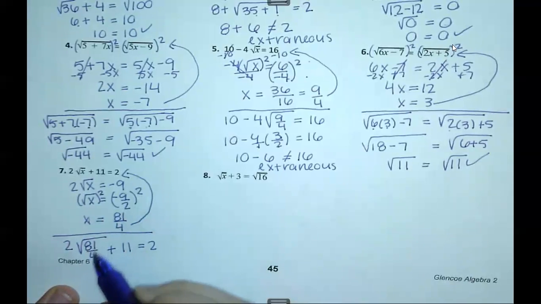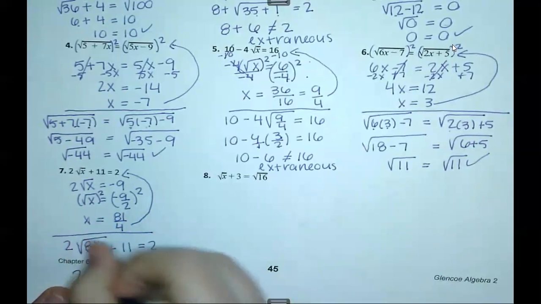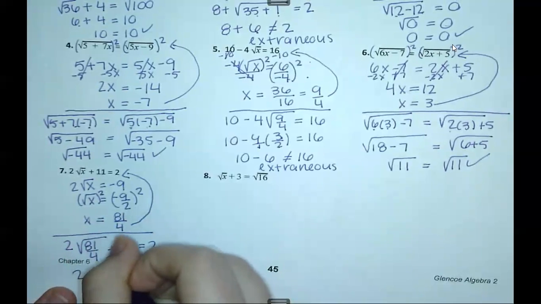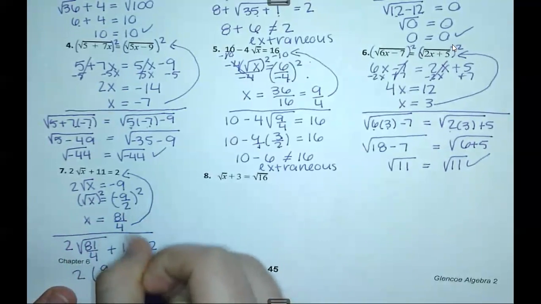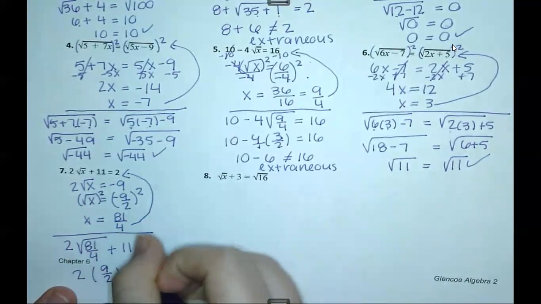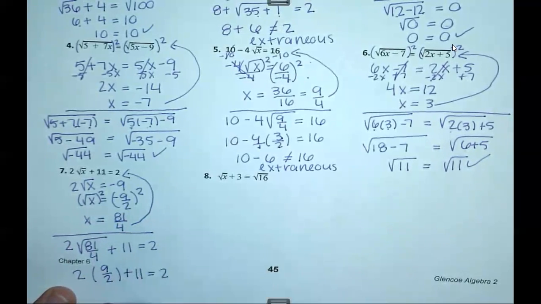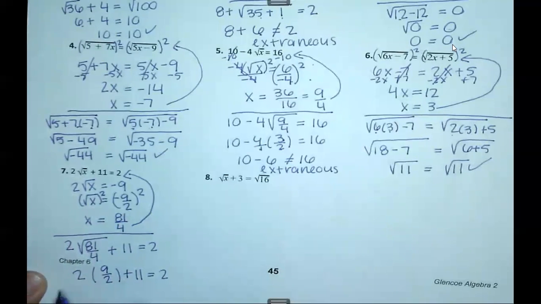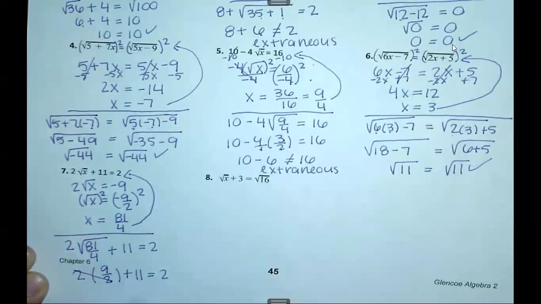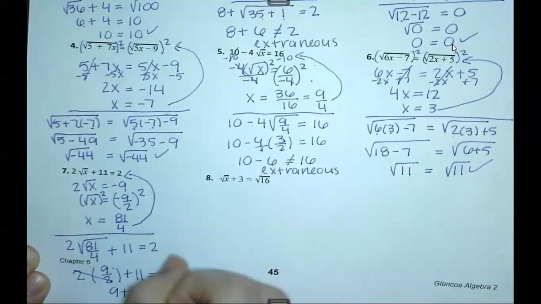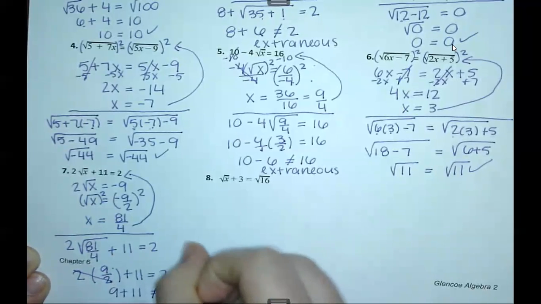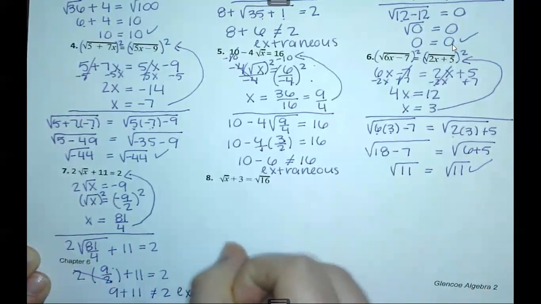Well, I can square root both 81 and 4, which is what I would want to do first, and it would become 9 over 2 plus 11 equals 2. So here I multiply, or I might realize that the 2's cross out. I have 9 plus 11 equals 2, which is not true. So this is extraneous.